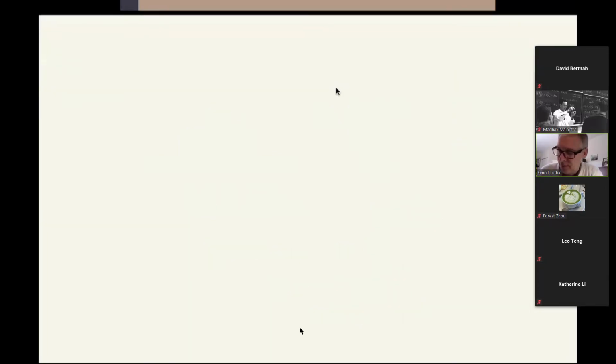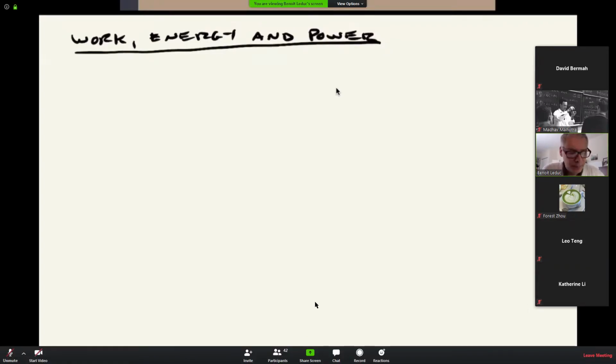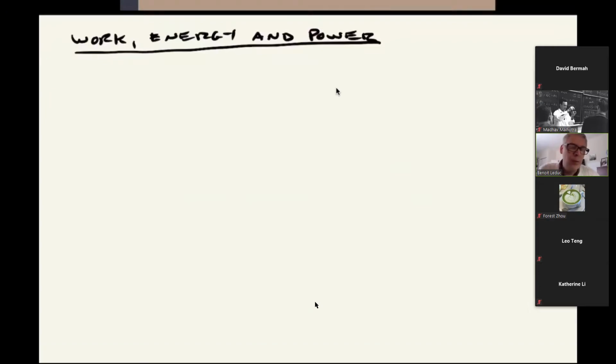So now we're going to do a new unit. Now it's going to be work, energy, and power. This is a crucial chapter because at some level, energy is more important than Newton's laws of motion.